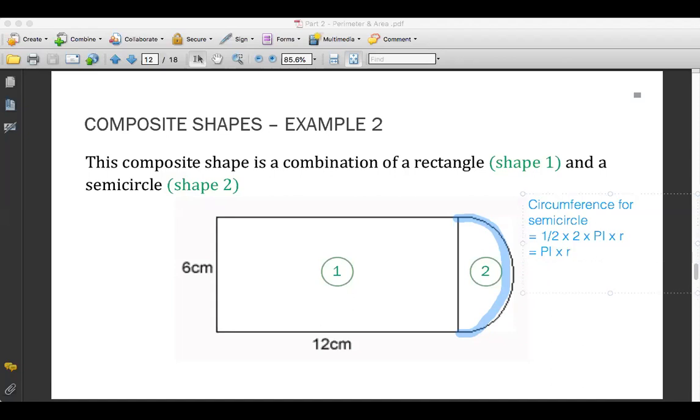What is your r? Let's see. Let me ask Celine. Celine, can you unmute your screen? What is the radius of this semicircle? Do you know how to find it? How to find the radius of this semicircle?